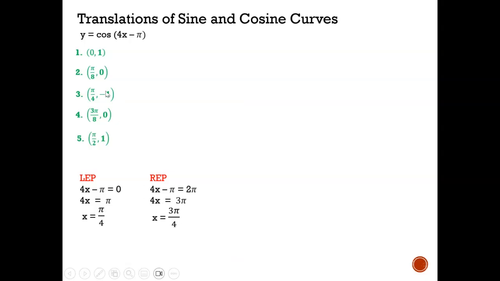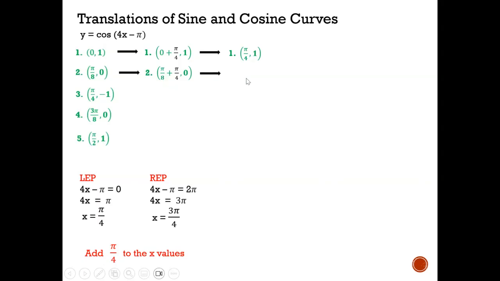Okay, so if you notice, every single x value has to move to the right pi over 4 units, because this is my left endpoint. So I'm going to add pi over 4 to every x value, which will give us pi over 4, 1. That'll be my first point, because it shifted pi over 4 units to the right. Then pi over 4 plus pi over 8 will give us 3 pi over 8.